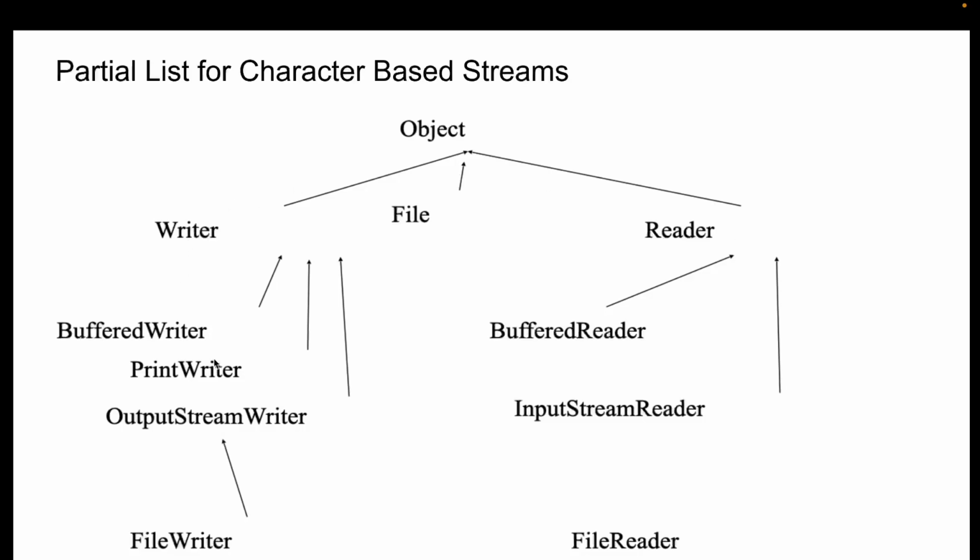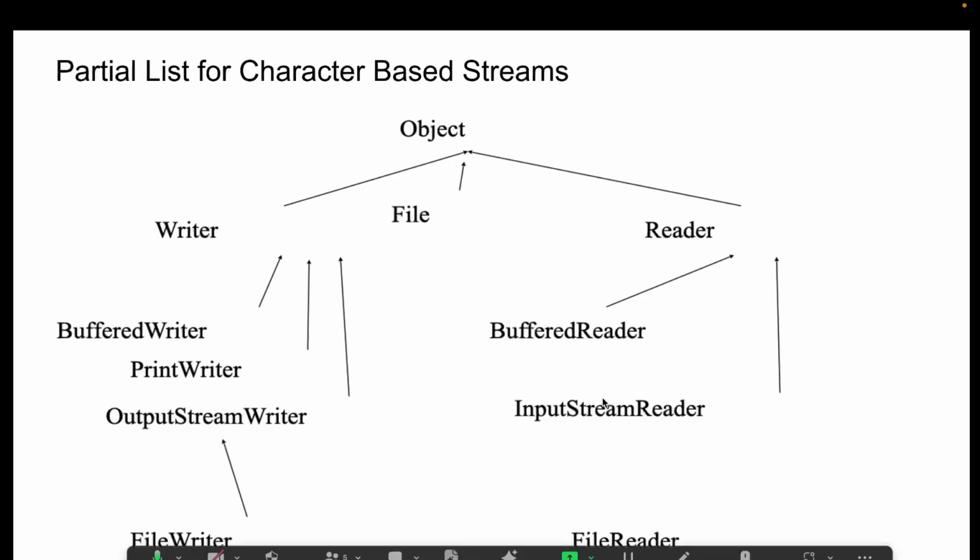And these are the classes which will help you to read and write. Writer classes are implemented by buffered writer, print writer, output stream writer, and file writer. And again, reader classes are implemented by supporting classes like buffered reader, input stream reader, and file reader.